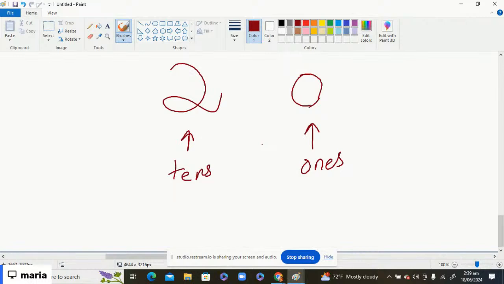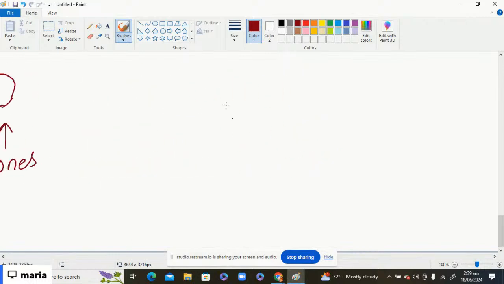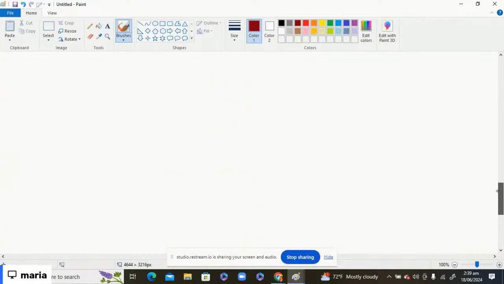But if there is one number here, this number is only once. There is no tens place here. You understand? Let me write it here.